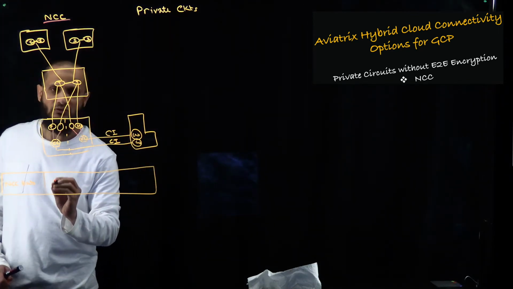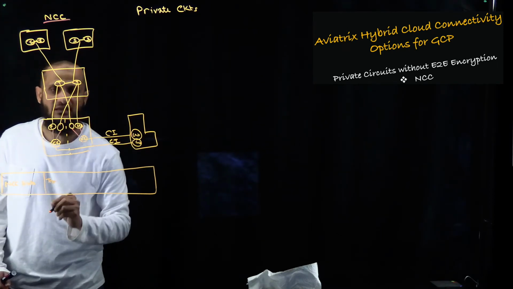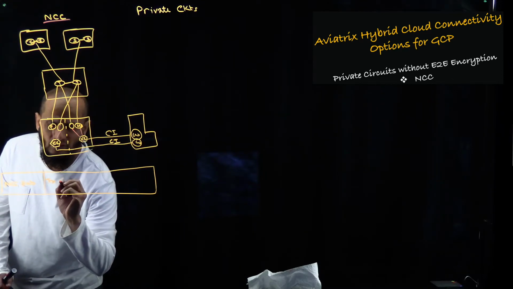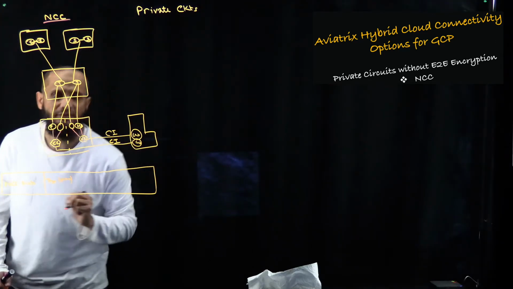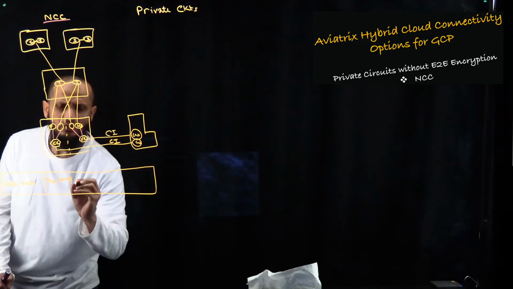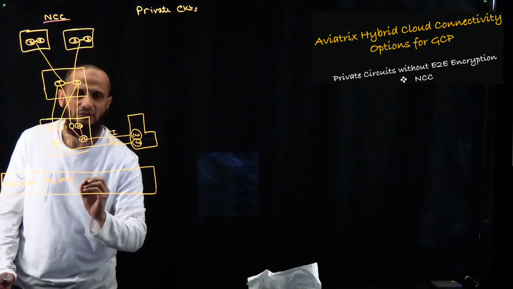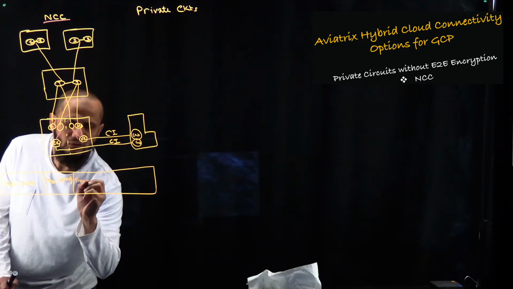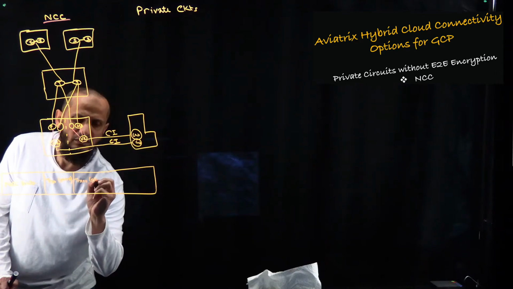So let's say you want to call the transit, and by the way, these are the Aviatrix transit gateways, eth1, transit gateway, and then again eth2.